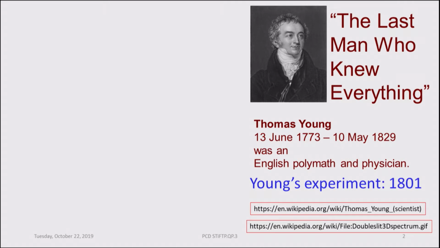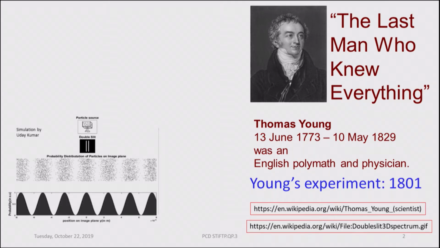And he set up this experiment, which is a classic experiment, and this is a figure from a simulation by our friend Uday. He has simulated the Young's double slit experiment, and there are some other things also involved in this simulation about which I will talk as we discuss further.